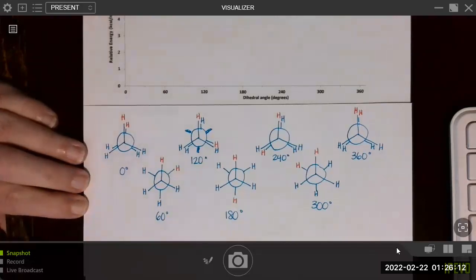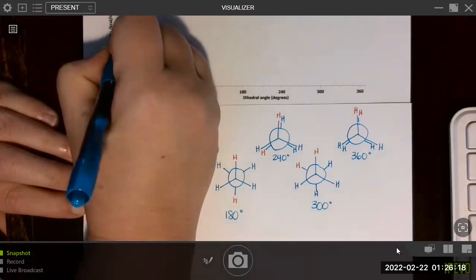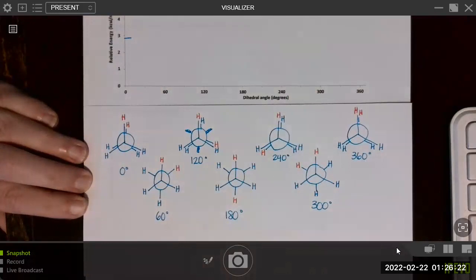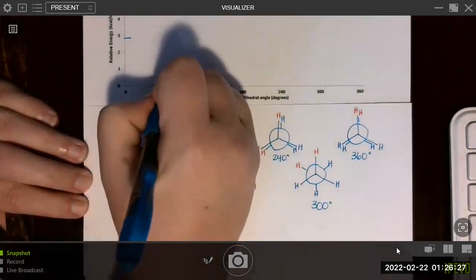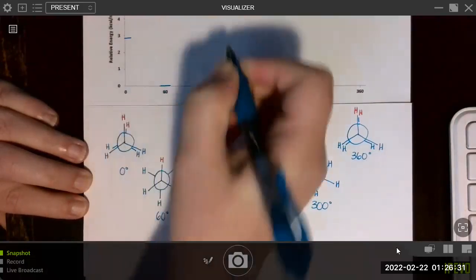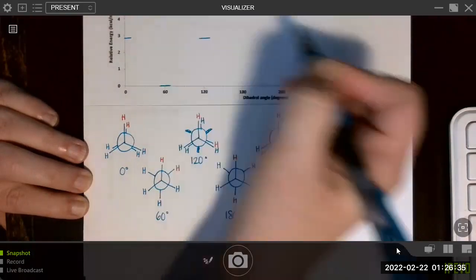So if we're trying to put in relative energy levels, we'll do slightly below 3 for the 0 degrees eclipsed conformation, going down to 0 when it's fully staggered, and then moving back up to that same energy level at 120.